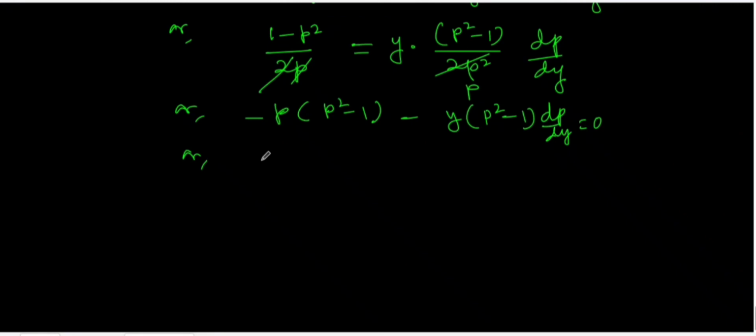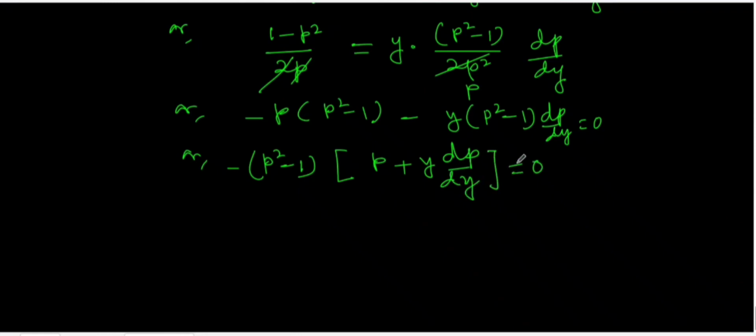Or if we take p squared minus 1 common, what we'll get is (p squared minus 1) times (p plus y dp/dy) equals 0. The first factor will lead us to the singular solution.